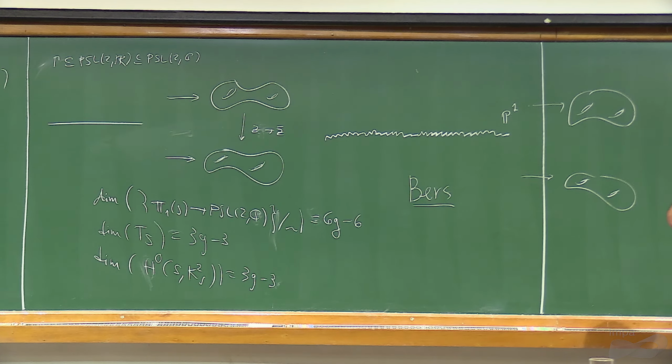Okay, so you have a couple of compact complex manifolds. By fixing the complex structure in one and deforming the geometry, you will realize the deformations of the complex structure in the second one. Okay.